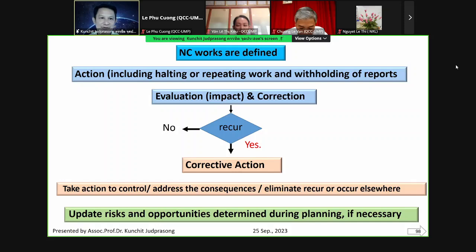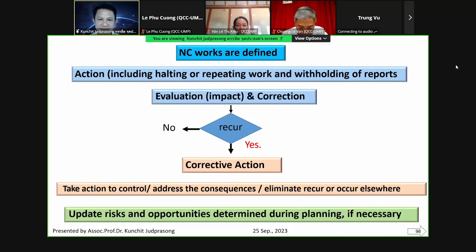Okay, when we saw the diagram, when NC work is defined, the action should be done. Evaluate the impact. Are there any impact and correction? If it does recur, you have to have the corrective action.